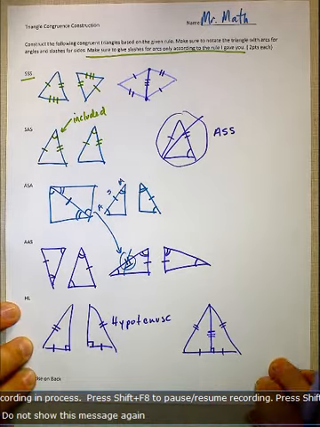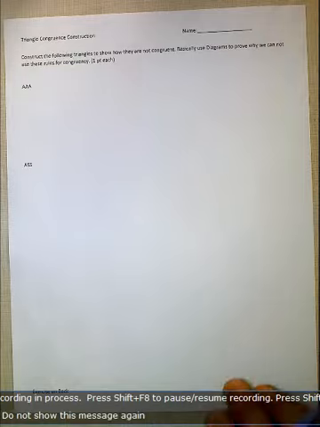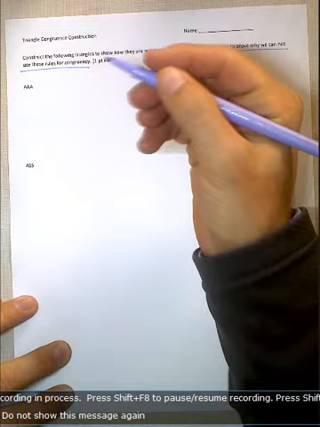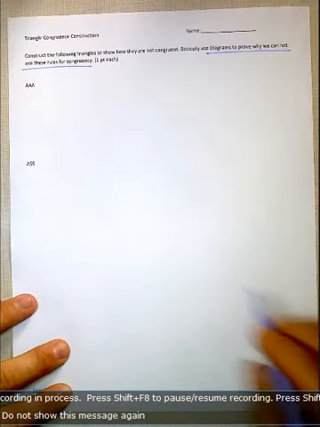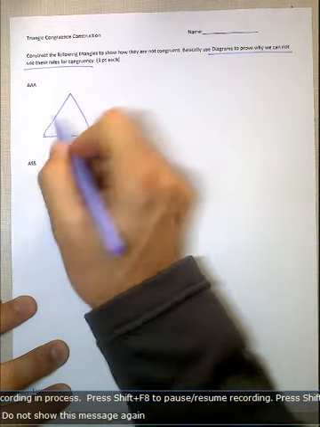Now, what I was asking for were diagrams to prove why we can't use these rules for congruency. Basically, some students actually used explanations. The one we used most commonly was the 60, 60, 60.